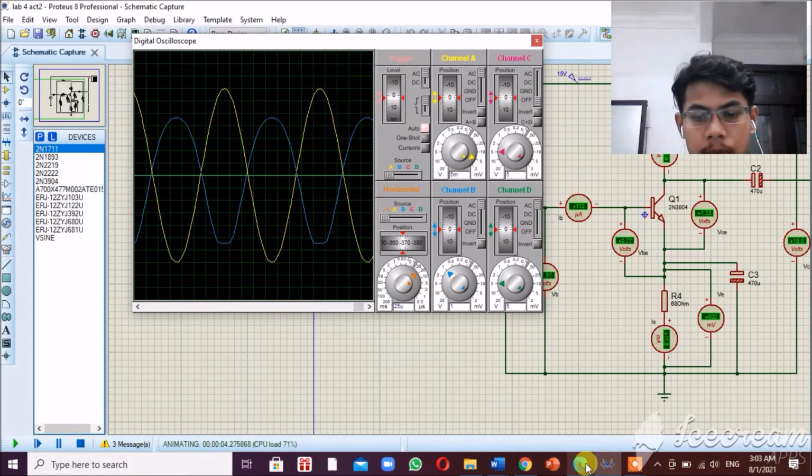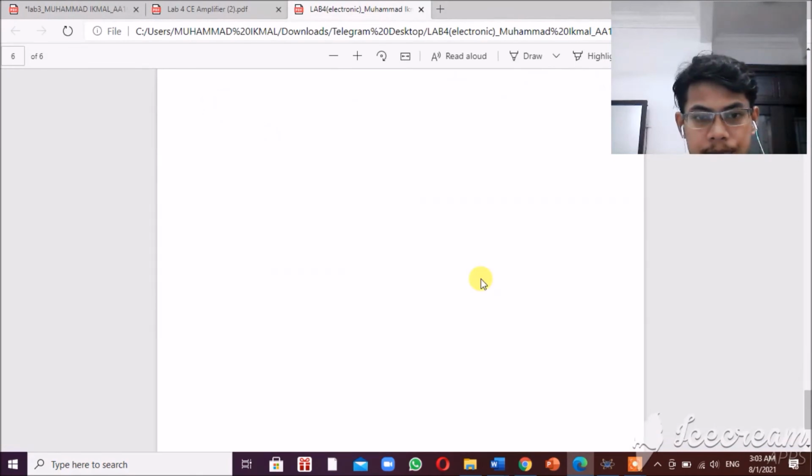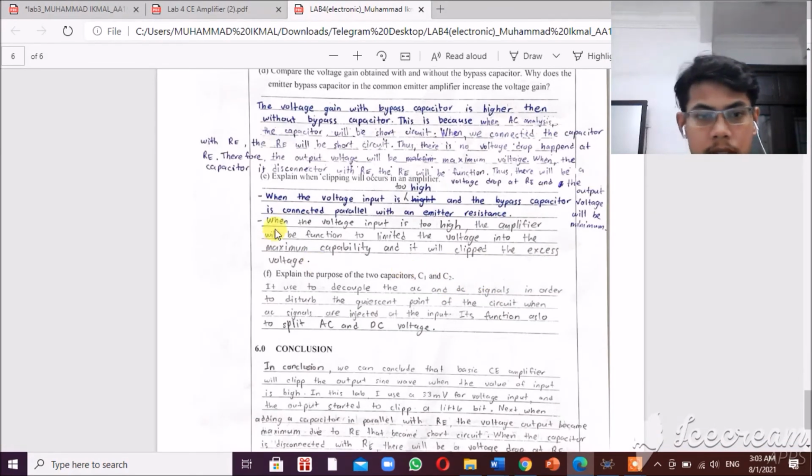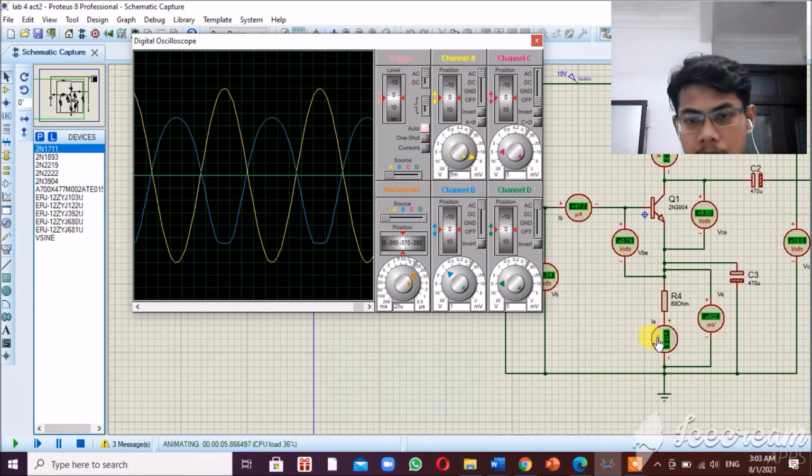So the clipping happens because the voltage input is too high, or because the bypass capacitor is connected in parallel with the emitter resistance here, the R4. Okay.